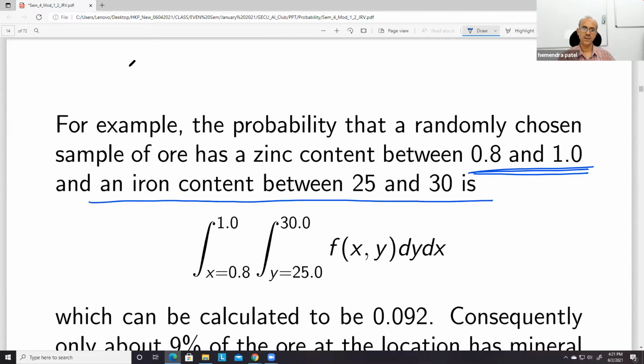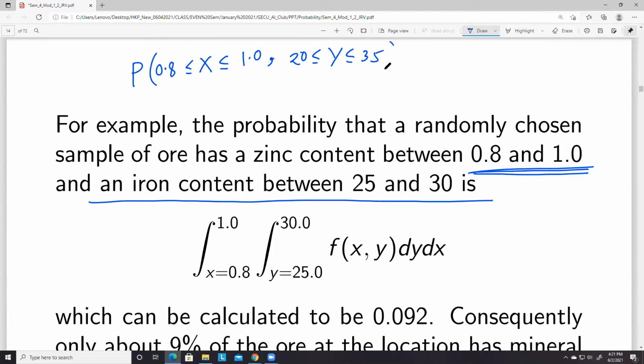So this is actually nothing but the probability that x lies between 0.8 and 1.0 while y lies between 20 and 35. So what is the probability?